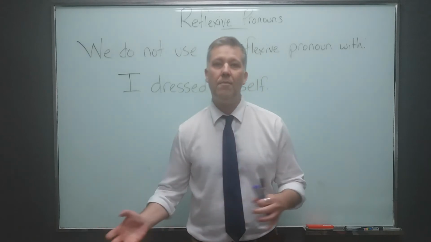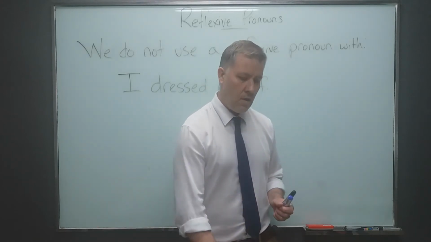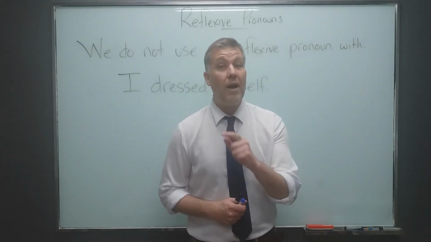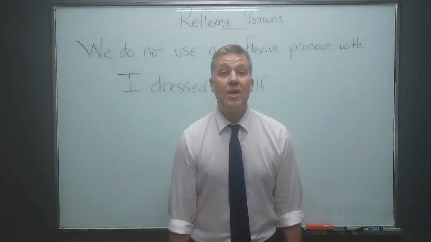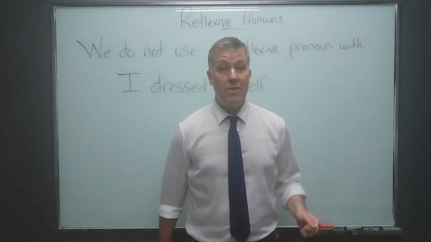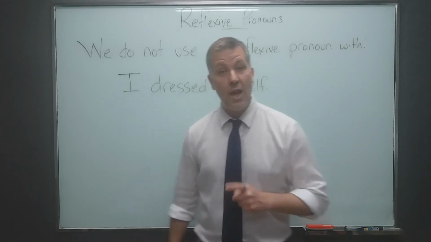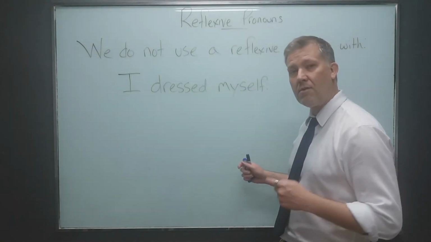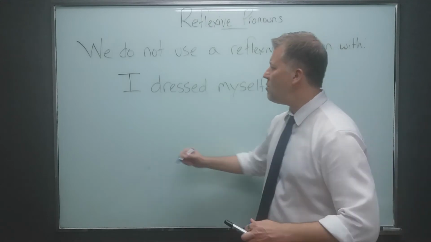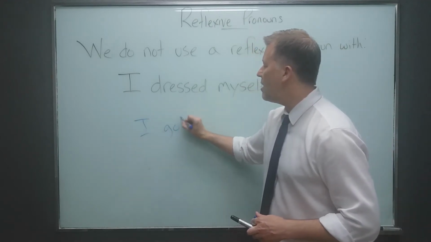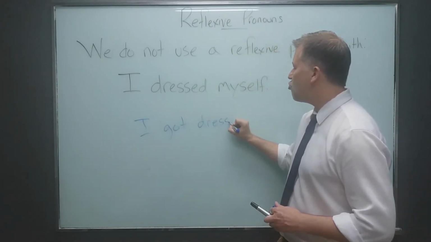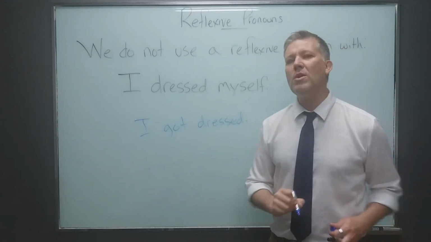They need the help of their mother or father, okay? The baby gets a little older, and finally one day the baby is able to dress himself. So that's when a young child, for the first time getting dressed by himself, would say, hey, I dressed myself, okay? Otherwise, no. We would say, I got dressed. This is what we would always say in this situation.